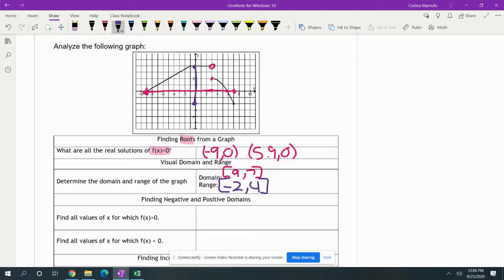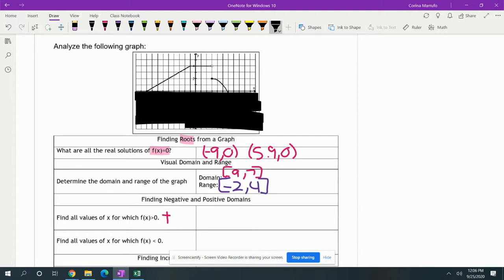Okay, now finding negative and positive domains. So remember, this is where we're looking for when f of x is greater than 0. That's a fancy way of saying when is it positive. Okay, so all the positive function values are above the x-axis. So I'm going to ignore that section, and we are going to give the intervals where it is above the x-axis.